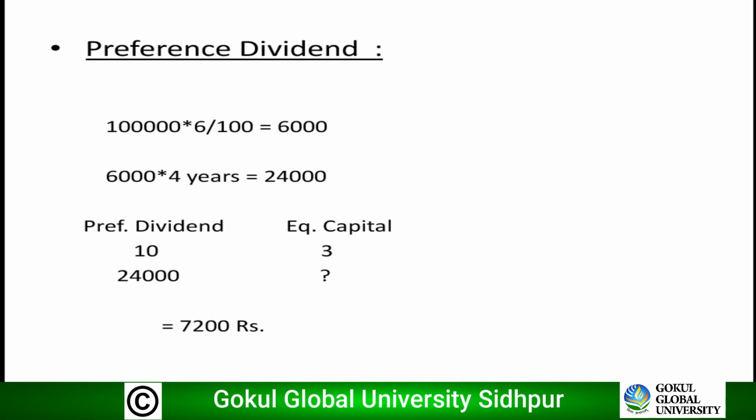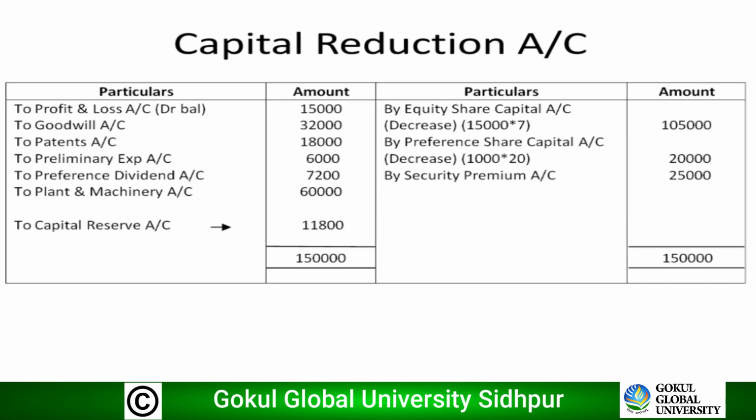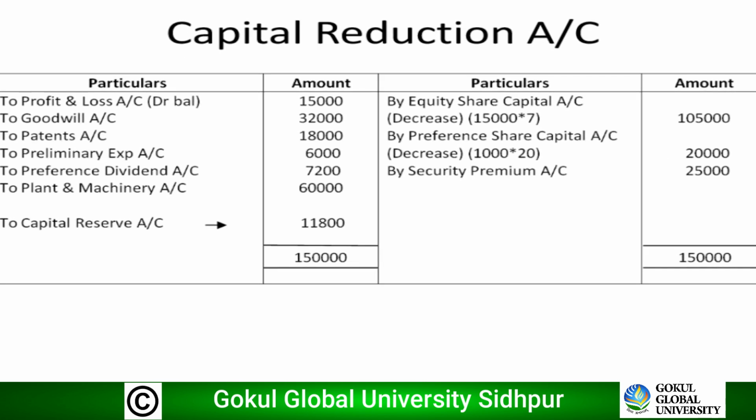So rupees 10 of preference dividend and rupees 3 of equity capital. So we have issued 3 in exchange of 10 of preference dividend. So what about 24,000? So our answer is 7,200. So see, to preference dividend account 7,200.